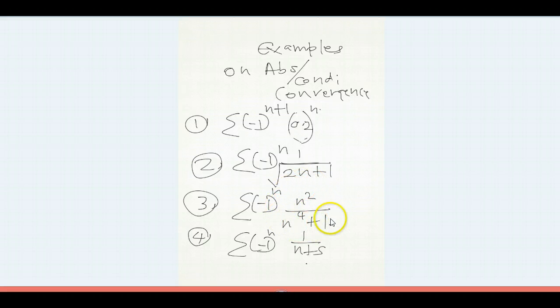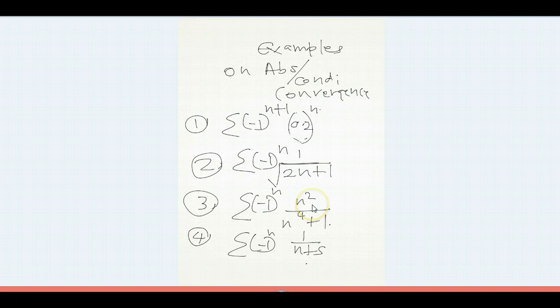If you look at the comparison partner, the highest power on top is n squared, the highest power on the bottom is n to the 4th. So the comparison partner will be n squared over n to the 4th, which is 1 over n squared.